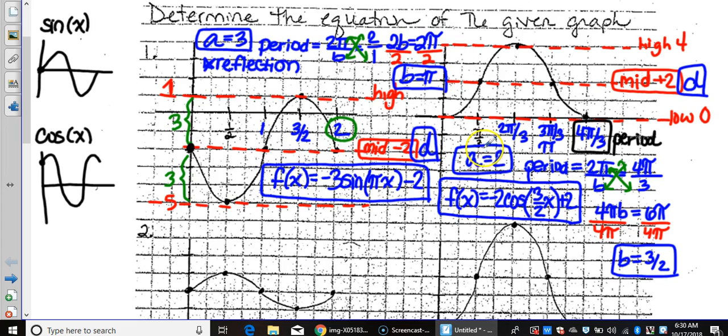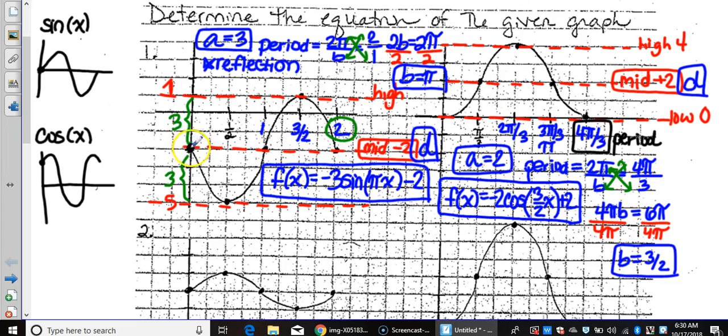So in general, to know whether or not it's sine or cosine, guys, with sine, especially if there's a vertical shift, nothing will be at 0 or 1 if there's a vertical shift. Sine, almost always, 99% of the time, starts at the midline.